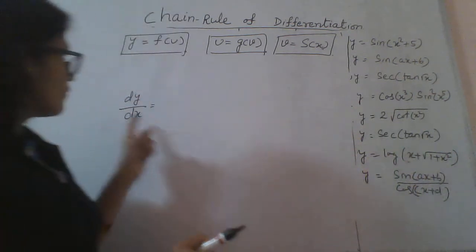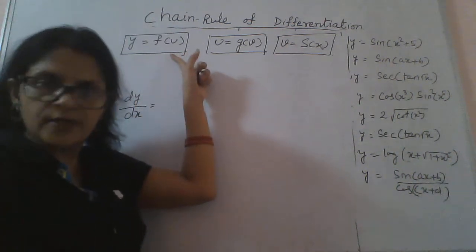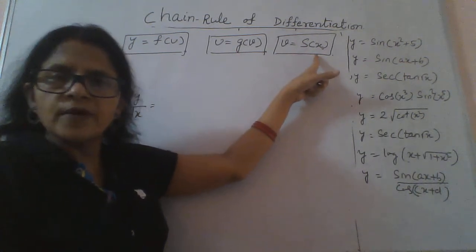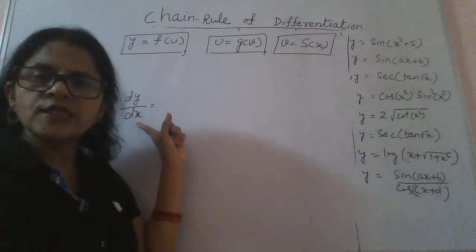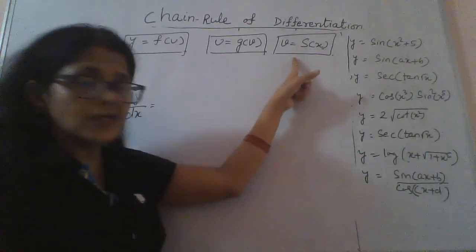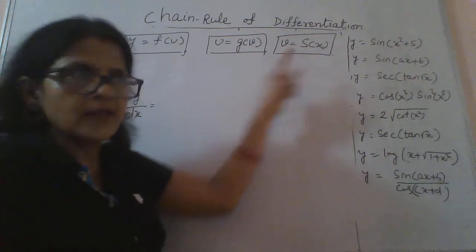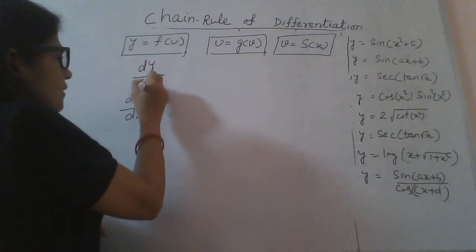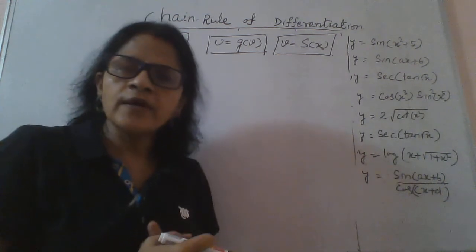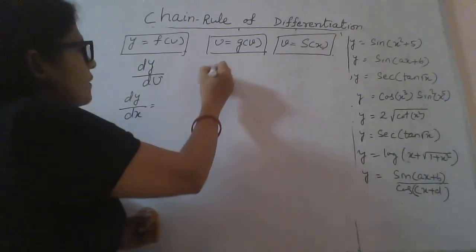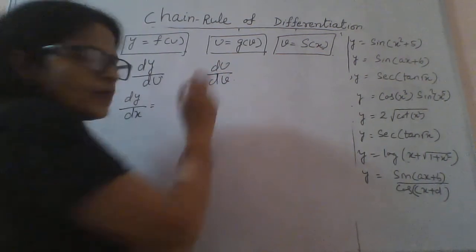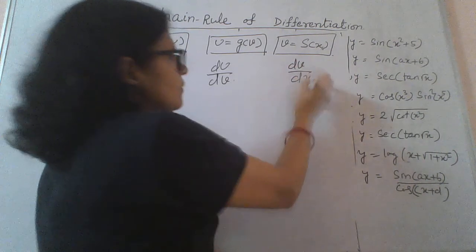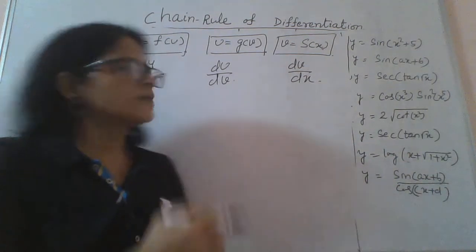Now you see, whenever you have y related to u, u related to v, v related to x, but I am asking you y with respect to x, it is what you can call a so-called indirect relation, right? So here you can find dy by du very comfortably because y is a function of u. Similarly, du by dv you can get very comfortably. Clear? Now dv by dx you can also find because there is a direct link, right?